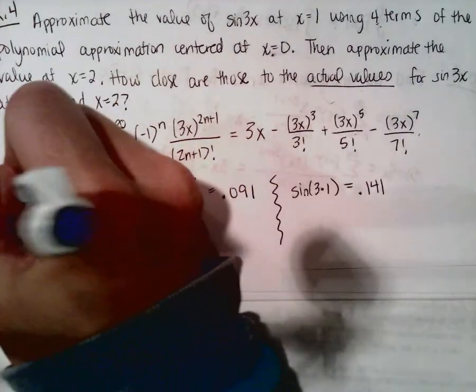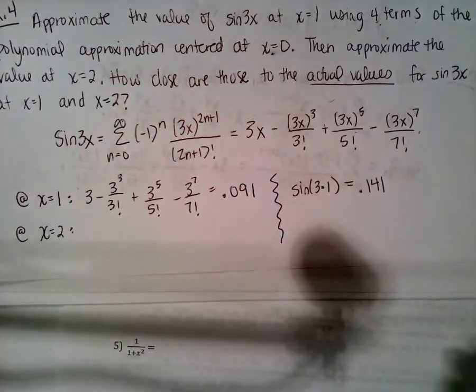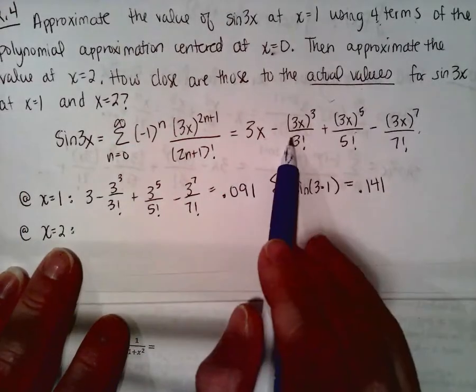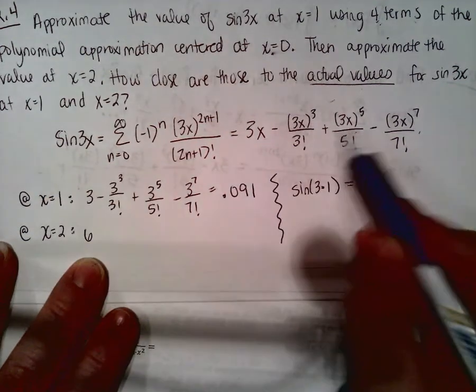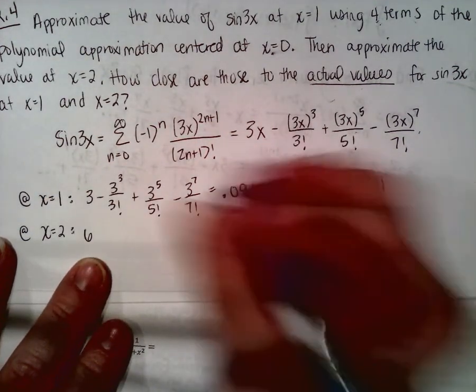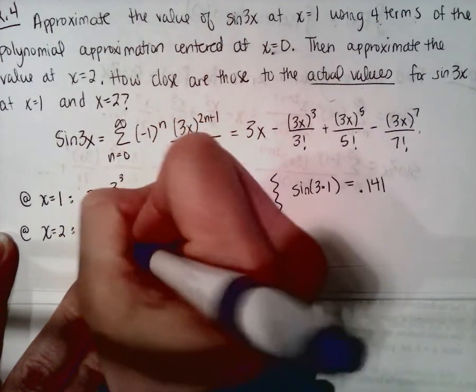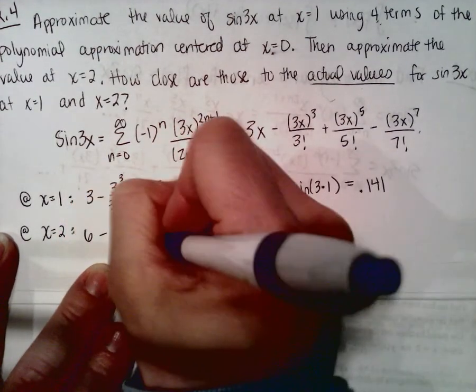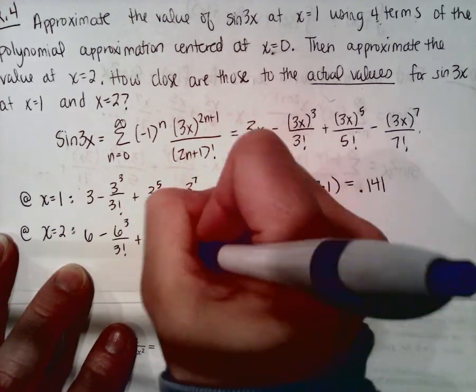So now let's try it at x equals 2. Okay, so I'm using this polynomial here, plugging in a 2. So I have 3 times 2, so that's 6, minus 3 times 2, so 6 again. So 6 cubed over 3 factorial plus 6 to the 5th over 5 factorial minus 6 to the 7th over 7 factorial.